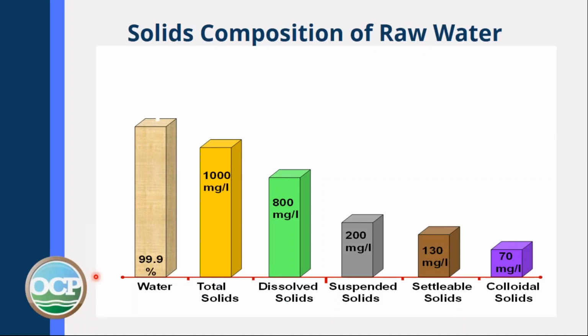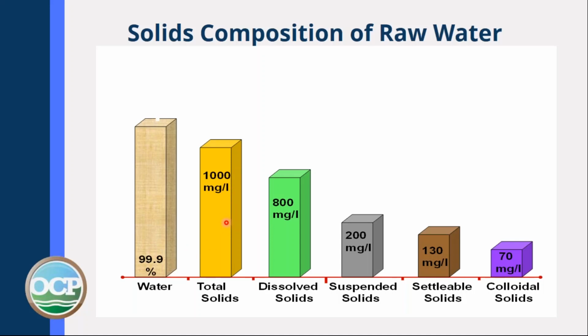Next few slides look at what is in raw wastewater as it comes into the plant. You'll notice that 99.9% of wastewater is actually water. There's very little solids in it. 0.1% is solids.